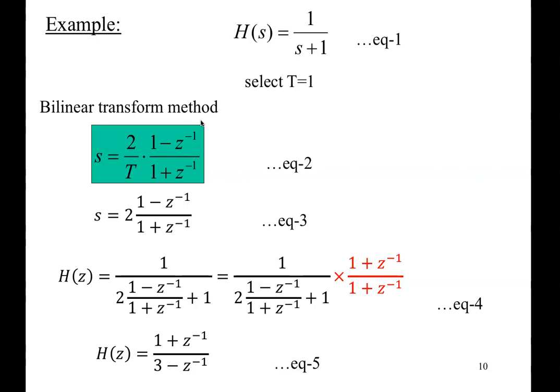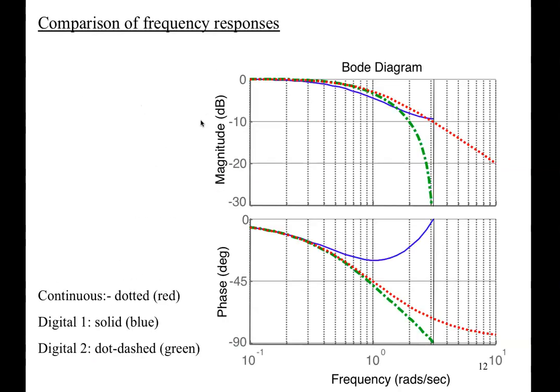One of the ways to check is to look at their frequency response. Over here I use MATLAB to produce the frequency response, or Bode diagrams. The dotted red line is the frequency response of my continuous time controller, the one I designed for, so I used the design method to get that transfer function.